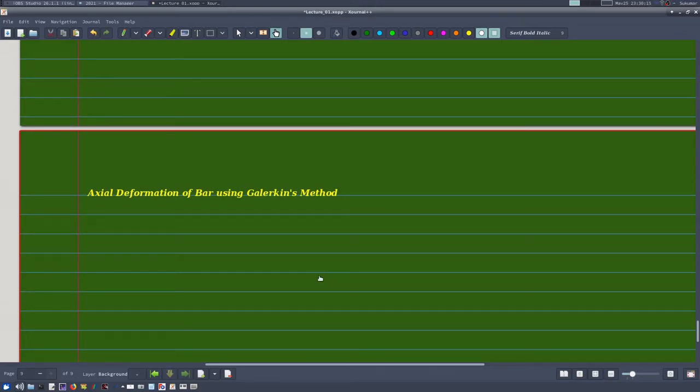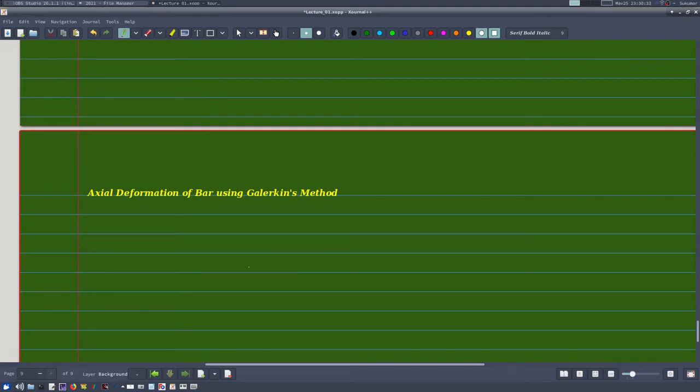So let us see an example of this Galerkin's method for the bar problem, axial deformation of bar problem. And let us write the differential equation of equilibrium first.